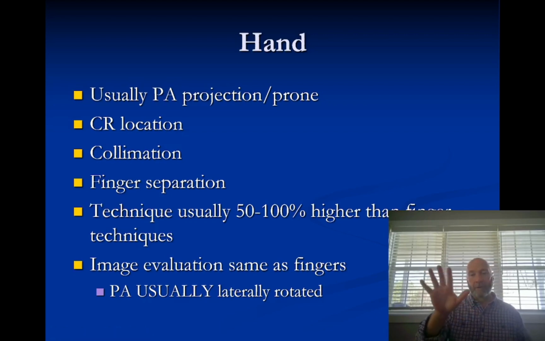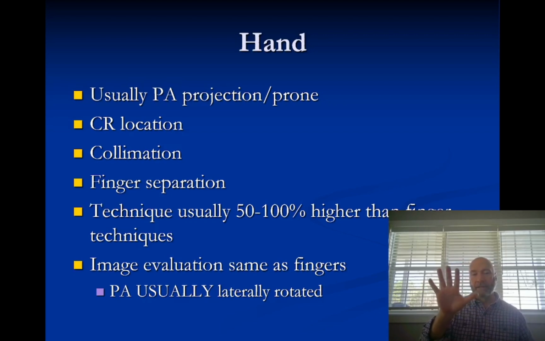separate the fingers, number one, and number two is watch out for the thumb. Probably in the first semester, the most common mistake I would see on hands when I was in clinical practice as a clinical instructor is the students would be so focused on the central ray location, which should be right here, and getting collimation really tight, that they would pay attention to the medial side and completely cut the thumb off.